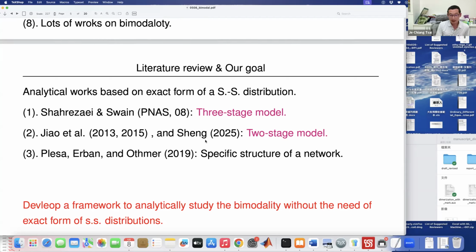I mean that they can have a bifurcation diagram where you can see which parameters correspond to the bimodal distribution, or which parameters correspond to the unimodal distribution or monotone decreasing distribution. Anyway, these two works focus on this very basic model.